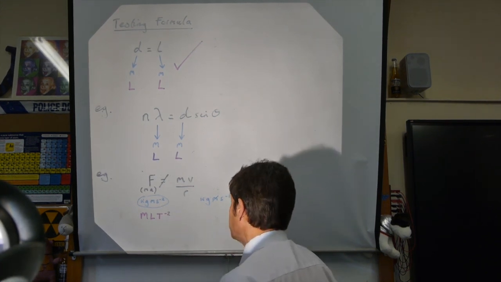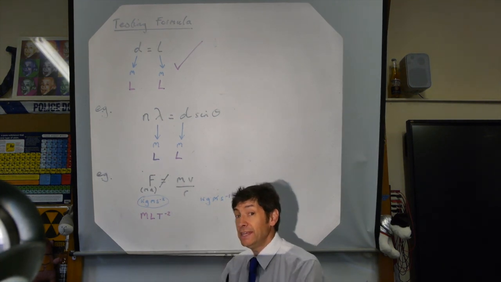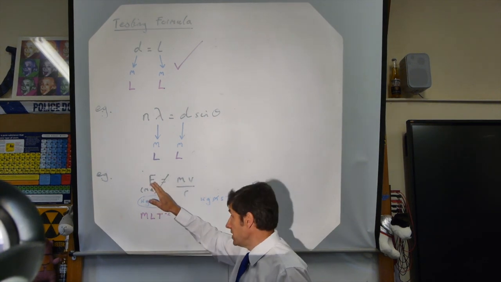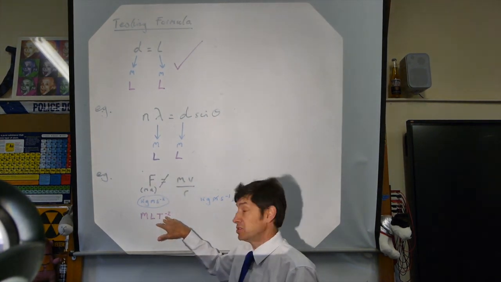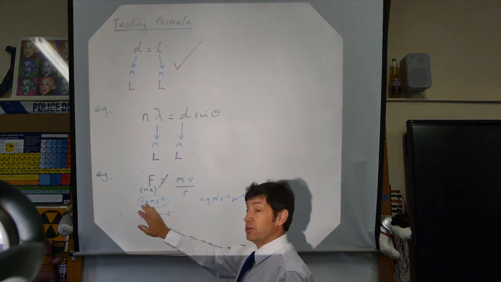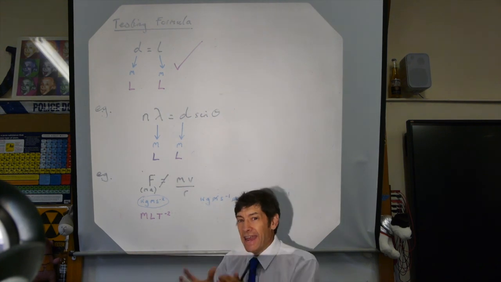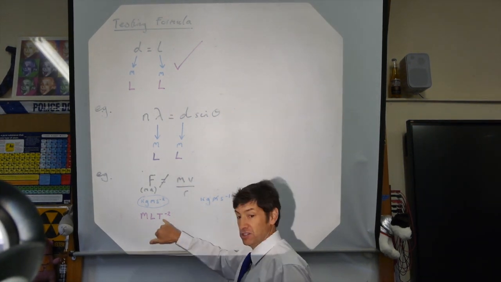Okay, and every physicist in the world knows that force is mLT to the minus 2 in any units. That's the crucial thing, yeah? You can get a force by multiplying a mass by a length and dividing by a time squared. Okay, it might not be in SI units, it could be in any units, but force in any language, any units, must have dimensions of mLT to the minus 2.